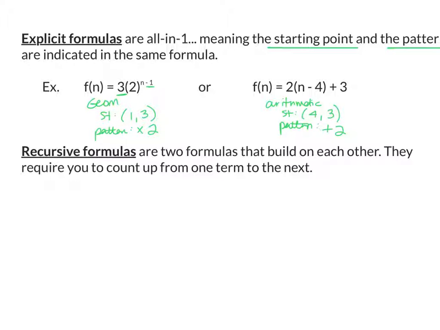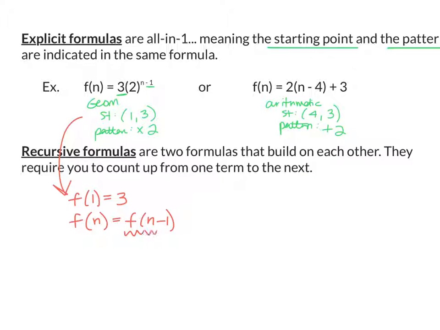So what I'm going to do is write this in a recursive form. What recursive form says is it starts by telling you what the first number is. This is like one of the equations. F of 1 equals 3. And that's all it is. The value of the first term is 3. And then they write a separate one that has to do with the pattern, and it says f of n equals f of n minus 1.